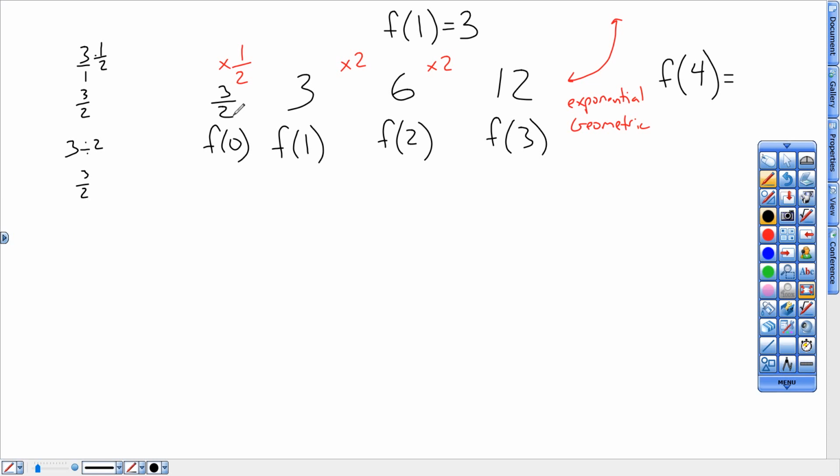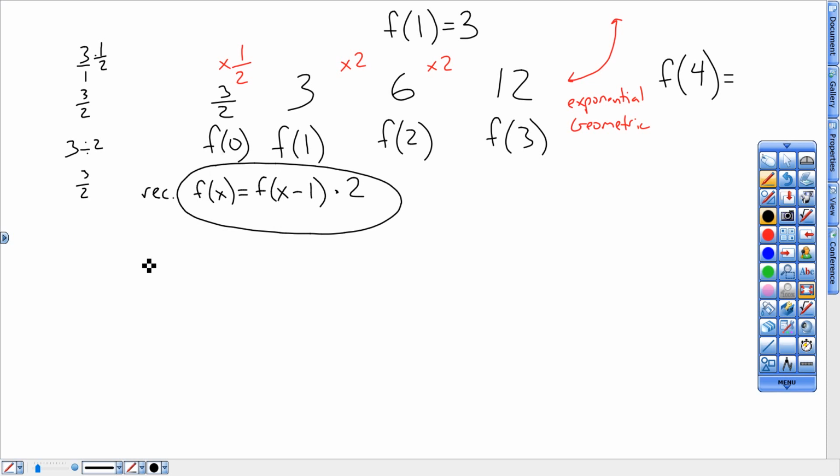If I wanted to write recursive, f of x equals f of x minus 1 times 2. That is recursive. Rarely going to use it. Explicits, which we're going to use a lot. Explicits, here we go.